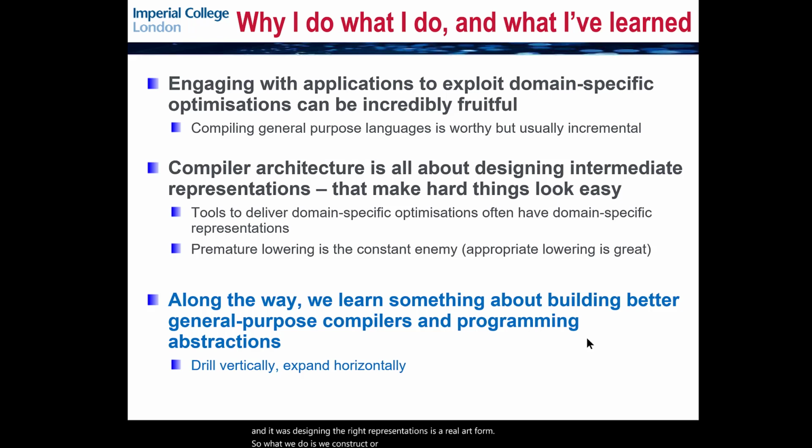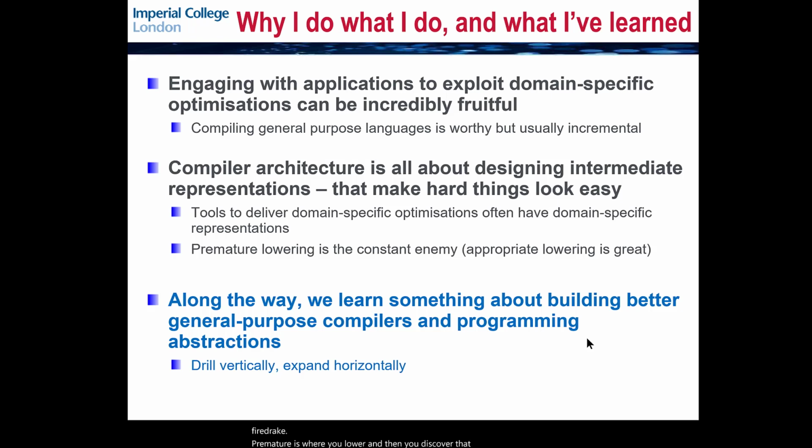So what we do is we construct or try and capture the highest possible level of representation of the problem, and then successively, progressively lower it to something which exposes low-level optimization opportunities, and then finally, we actually generate code. And premature lowering is what that architectural change was about that I mentioned in Firedrake.